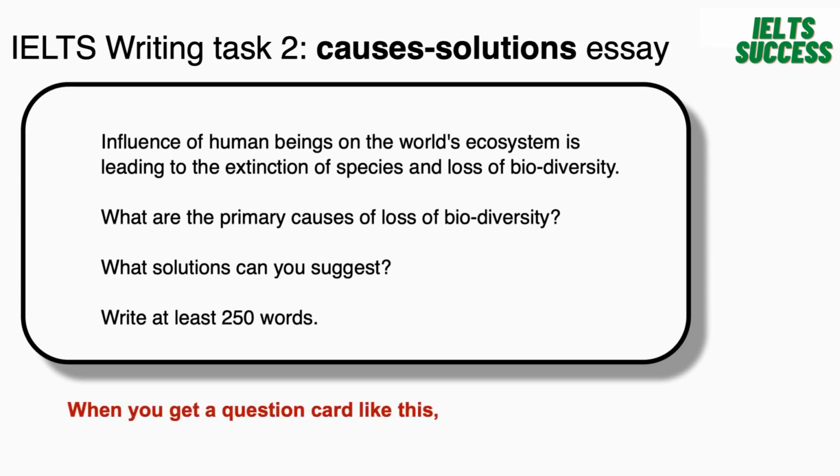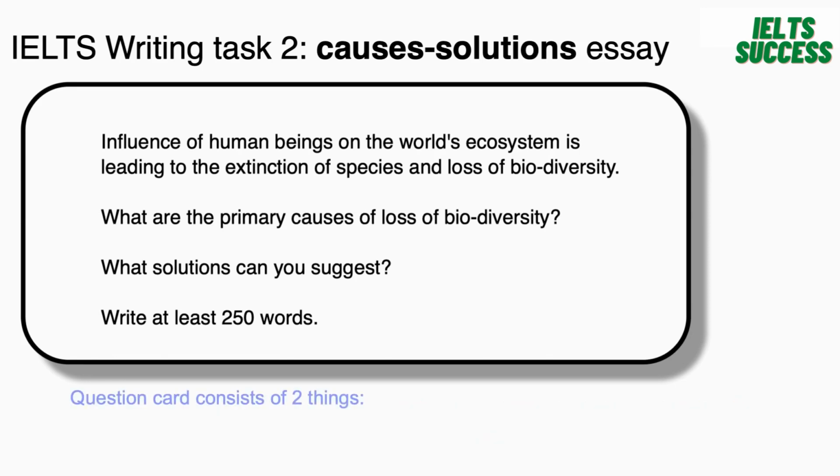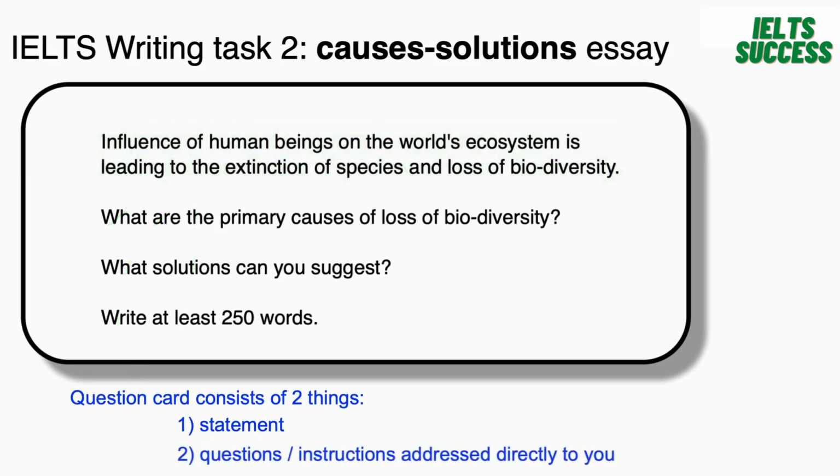When you get a question card like this, your first aim is to understand what the question asks you to do. Your question card consists of two things. First is statement. Second, questions or instructions addressed directly to you.